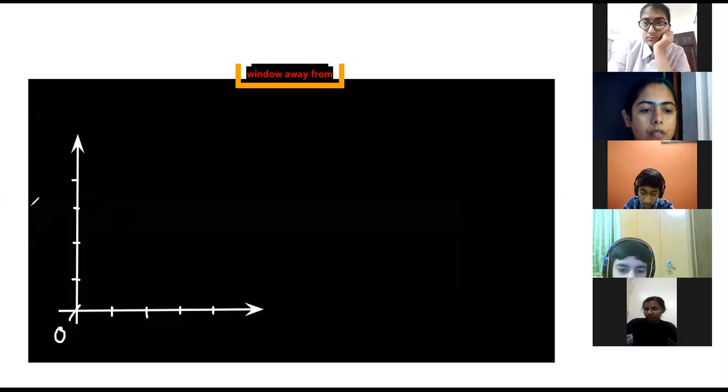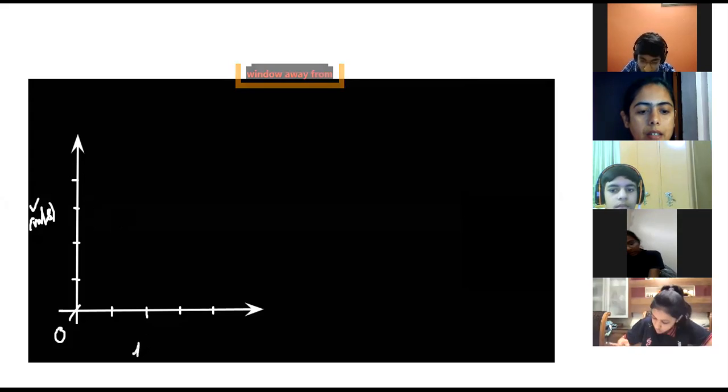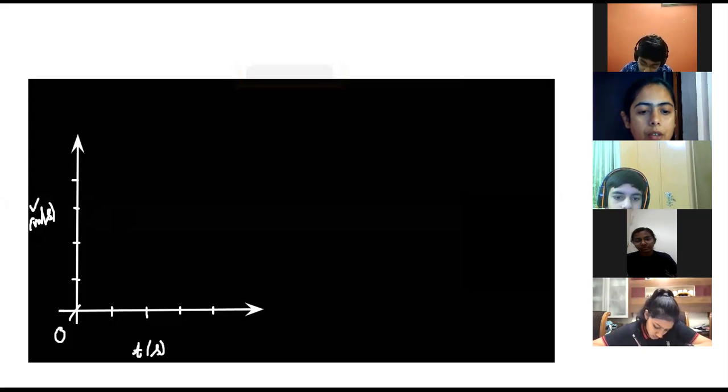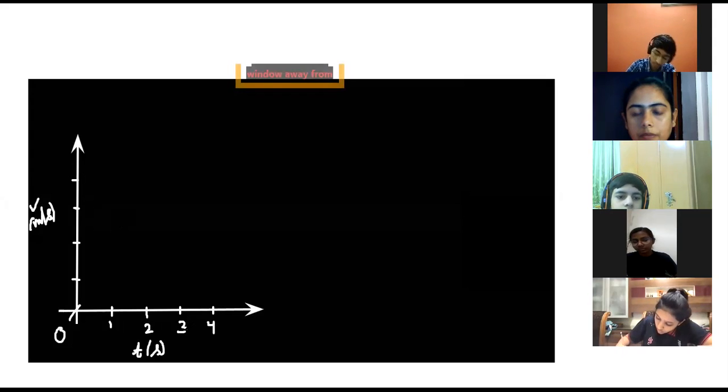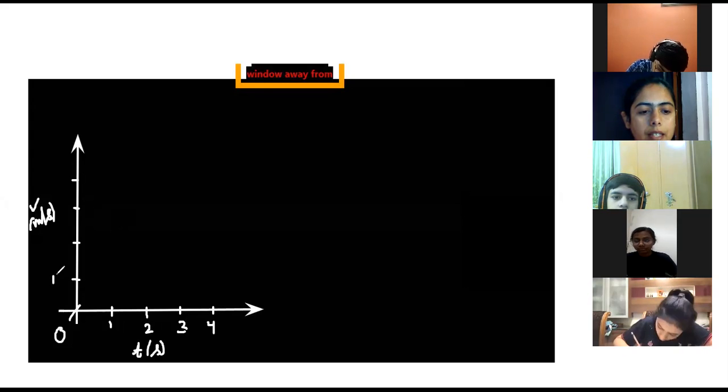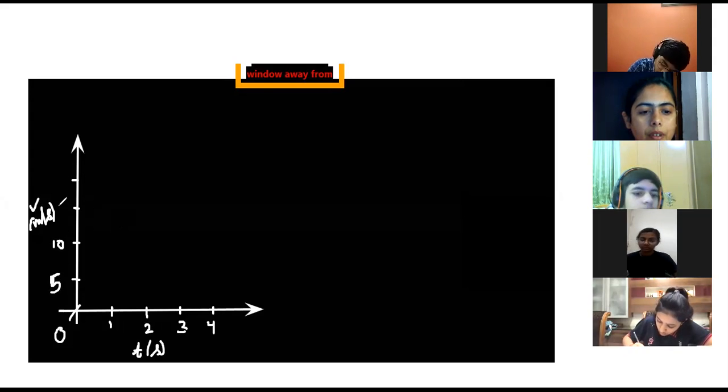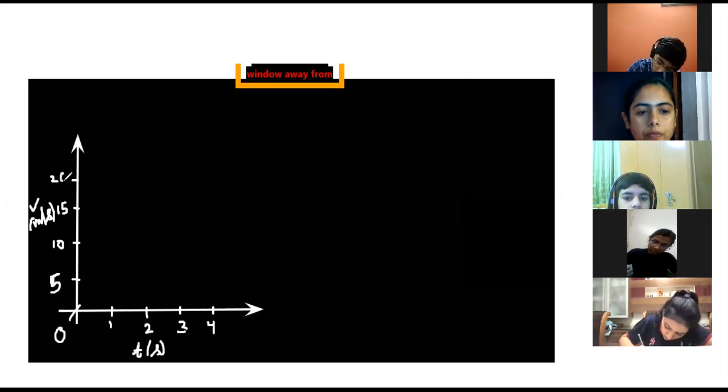Okay. So one side velocity, it goes with meter per second. Second x-axis, you have time, it goes in second. Values 1, 2, 3, 4, and so on. Fine. And velocity goes with the, let's say 5, 10, 15, 20, and so on.